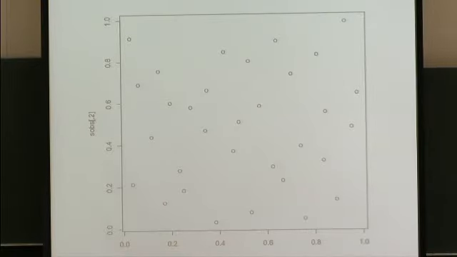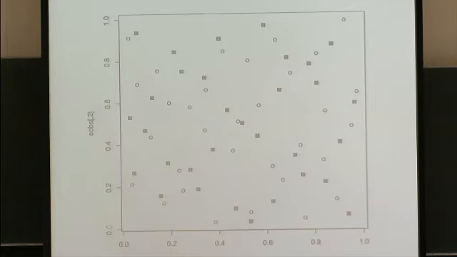This is a scrambled Sobol sequence. You can see that by randomly permuting these things, we've pushed things away from this symmetry, so these bad directions don't tend to exist anymore. The little squares show the original Sobol sequence that it's been scrambled from, and each point has just been moved a distance away.